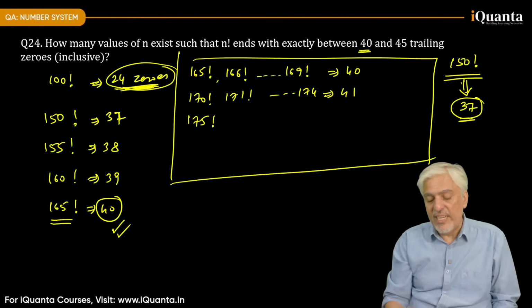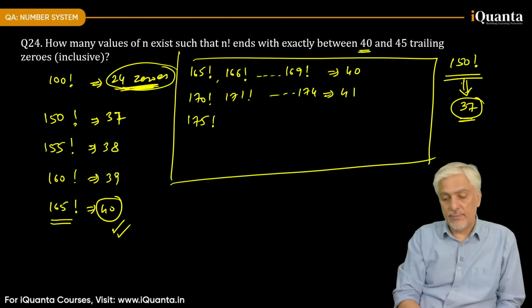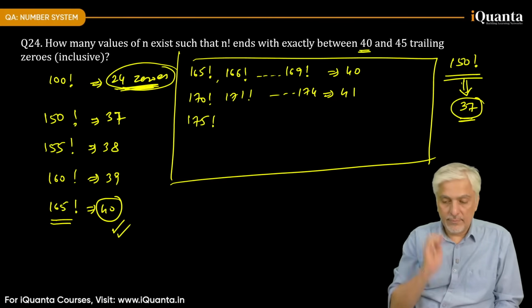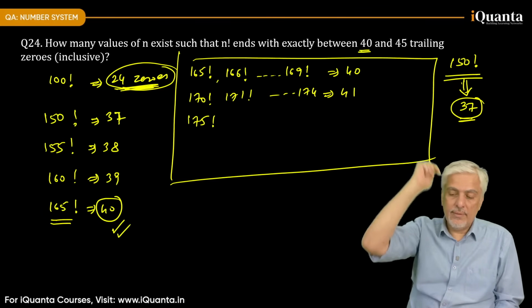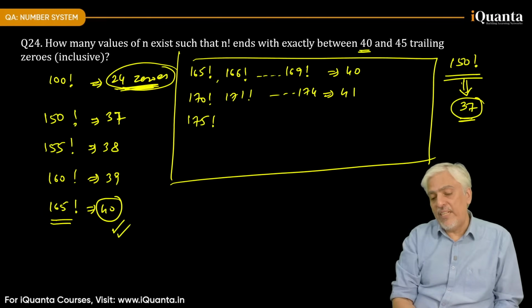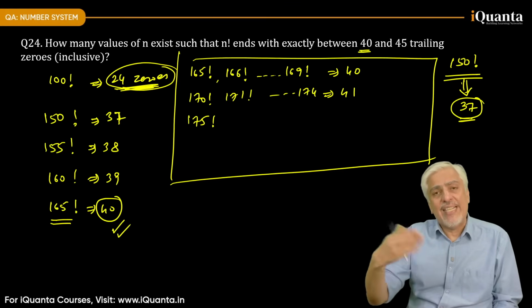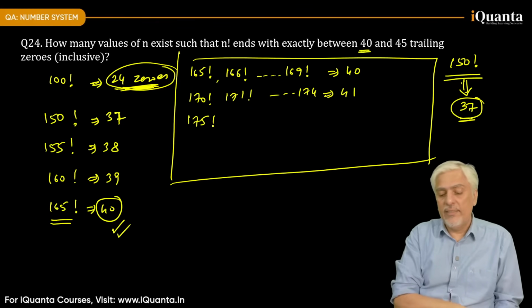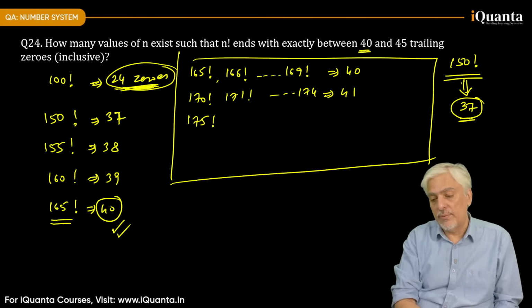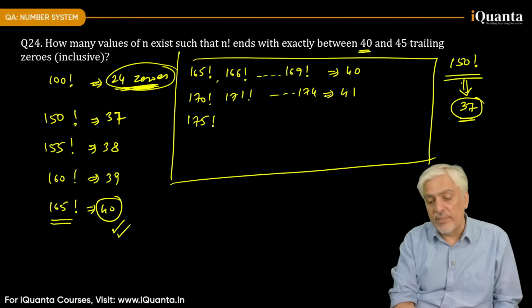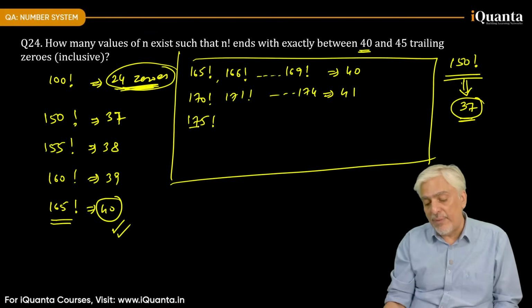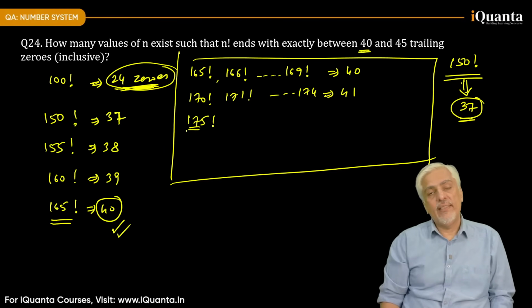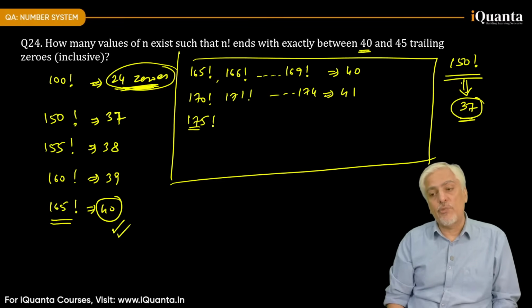175 will have how many zeros? I want to teach something else also, so I'm just going slowly. 175 has how many zeros? Not 42. Okay, not 42. Tejaswani, 175 में दो 5 extra add हुए, because 175 is a multiple of 25.